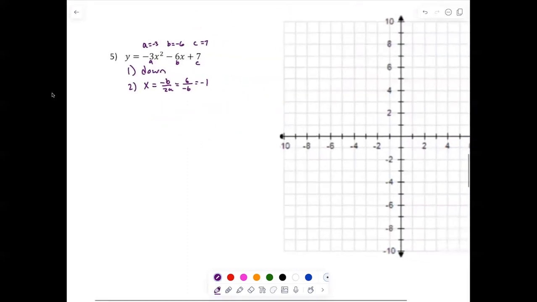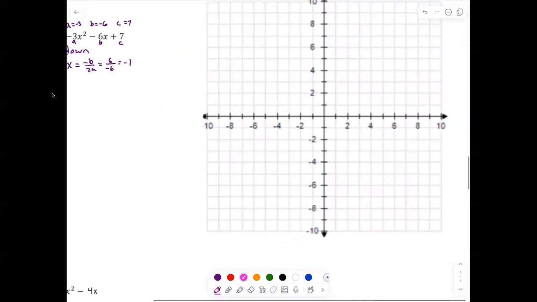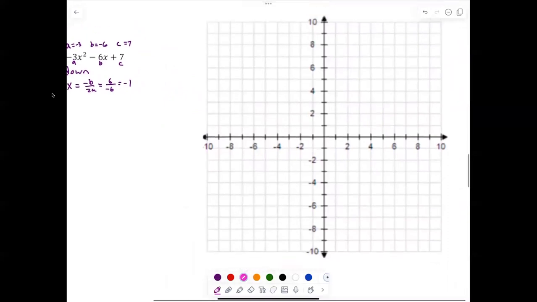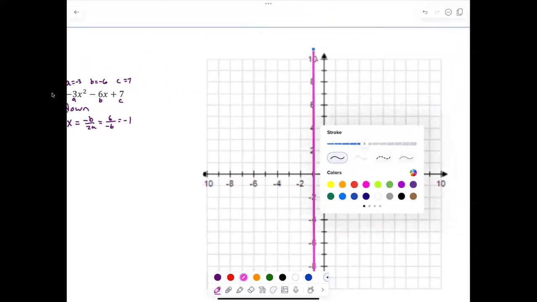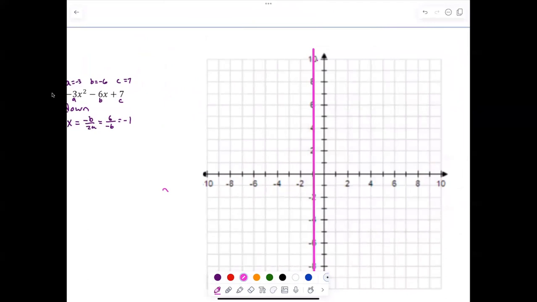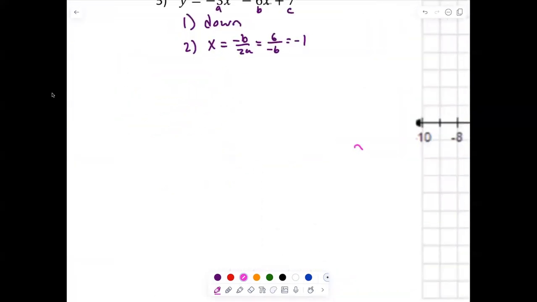So now let's go graph x equals -1. Here is x equals -1 right here. There you have it.